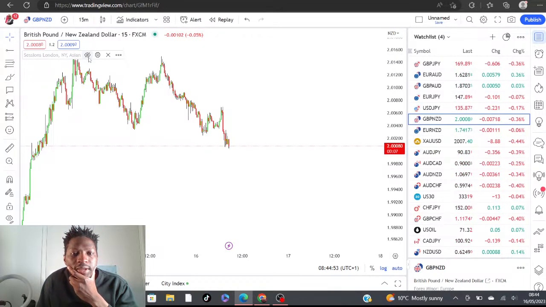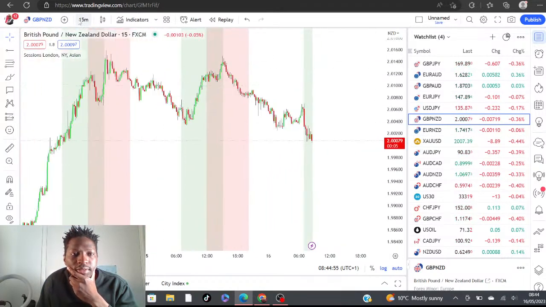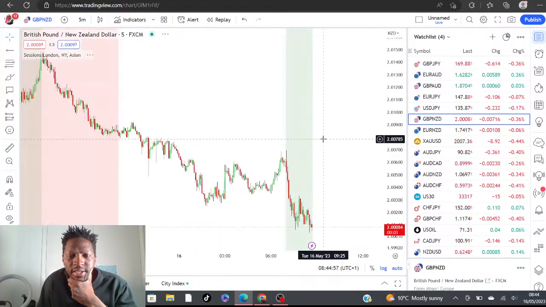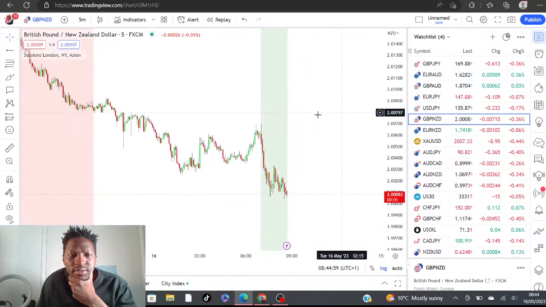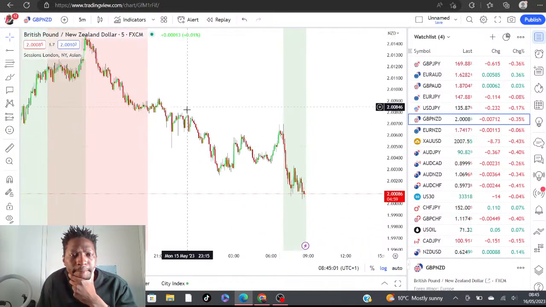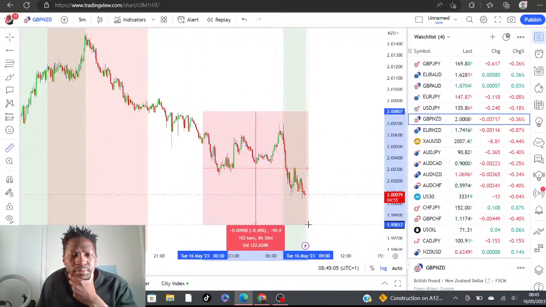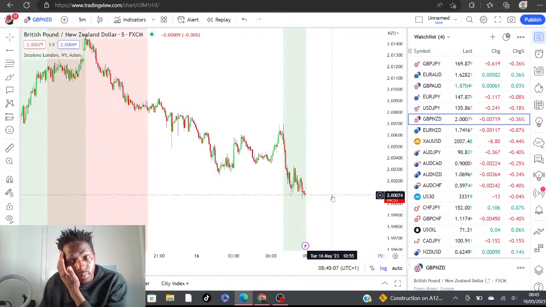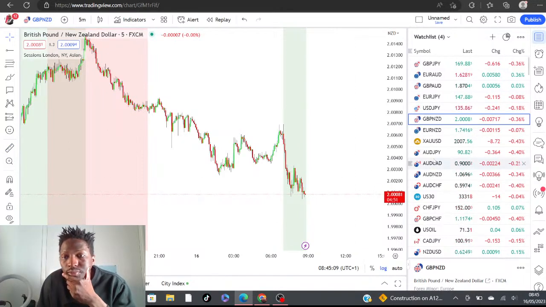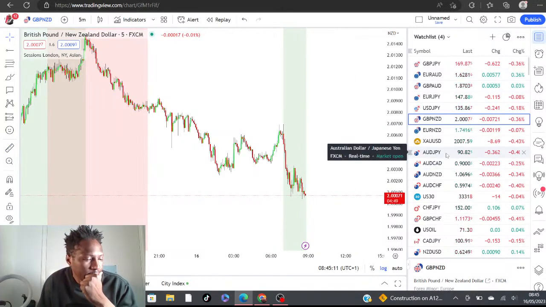The New Zealand dollar might also give me a trade. I'm waiting for the market to get to my entry level. We're quite far off from there actually.